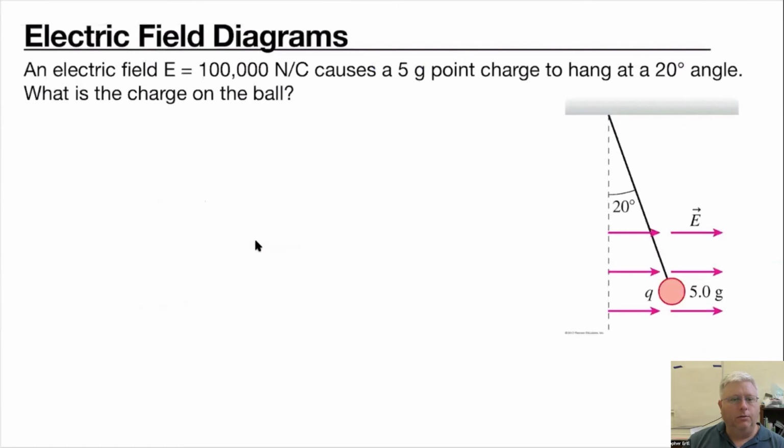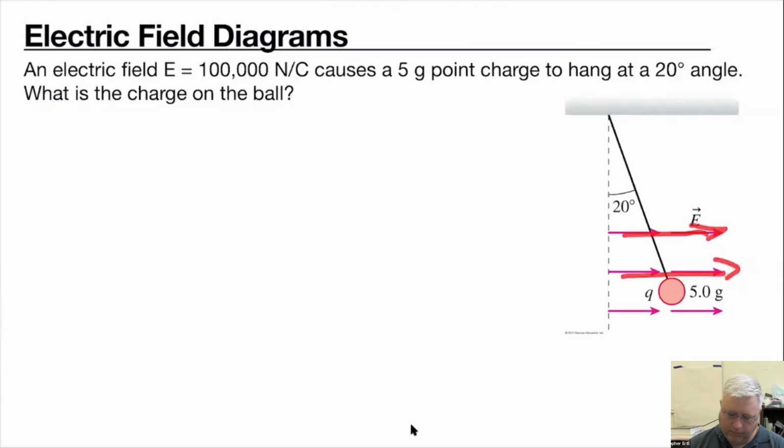Okay, so let's do an example problem here, one similar to one in your homework. Here we have an electric field, which we symbolize with E, and it's 100,000 newtons per coulomb. We see the electric field here in the diagram.